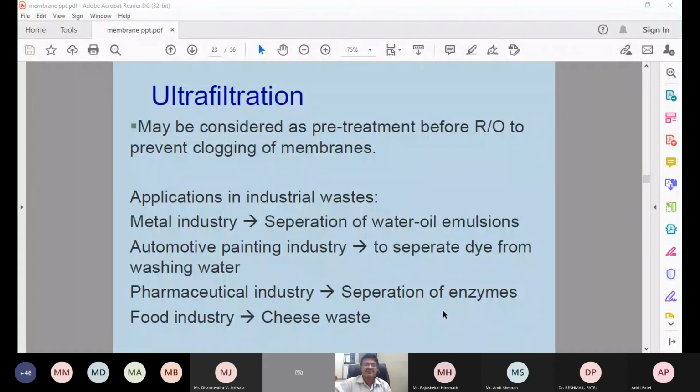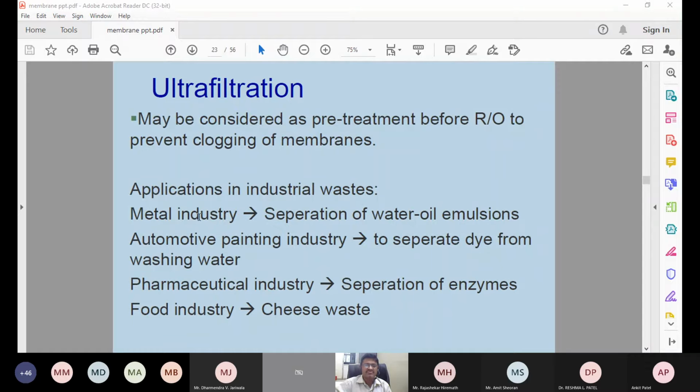Okay, so it can be considered as pre-treatment before RO, or you can use it for the surface water also in the water treatment. In the industrial waste, it can be used in metal industry for separation of water oil emulsions, in automotive painting industry to separate the dye from washing water.